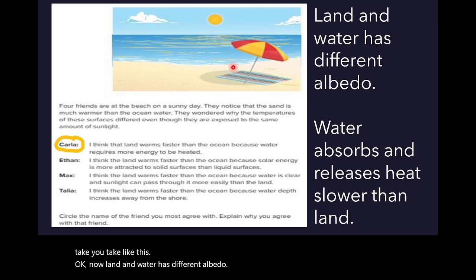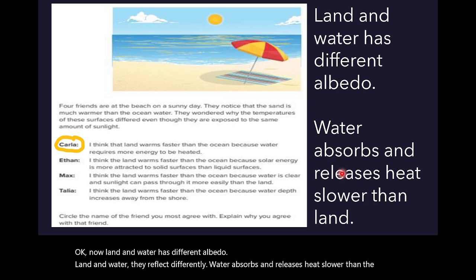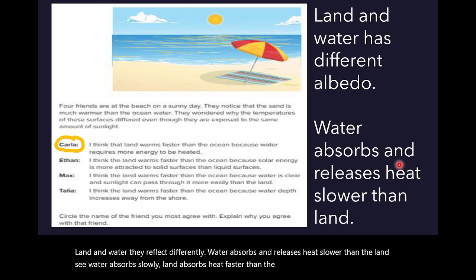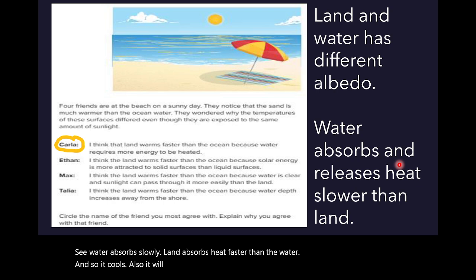Land and water reflect differently. Water absorbs and releases heat slower than the land. See, water absorbs slowly, land absorbs heat faster than the water, and so it cools also, it reflects also. Water reflects slowly, land reflects faster.